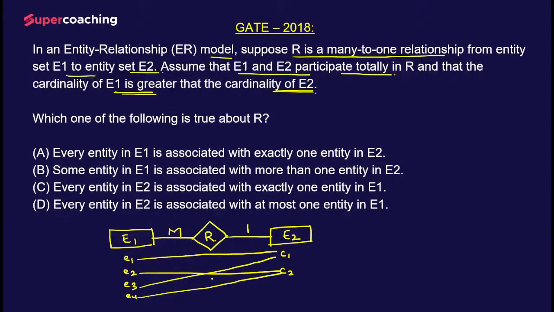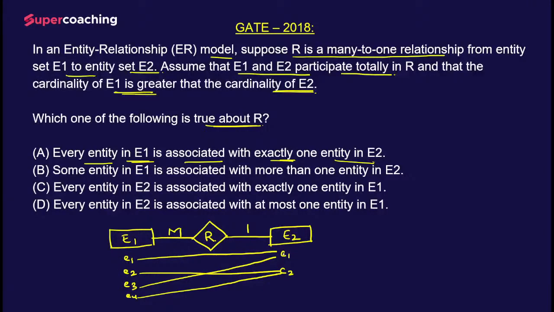Now just try to map. I drew this diagram randomly on the basis of the description given in the question. Now this is saying that which one of the following is true about R. Every entity in E1 is associated with exactly one entity in E2. Every single entity is related to exactly one entity.